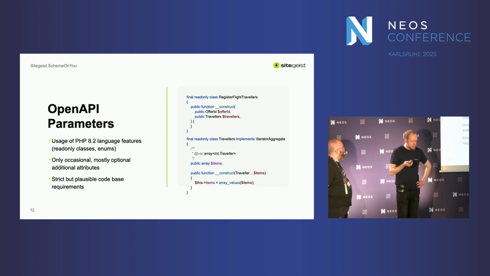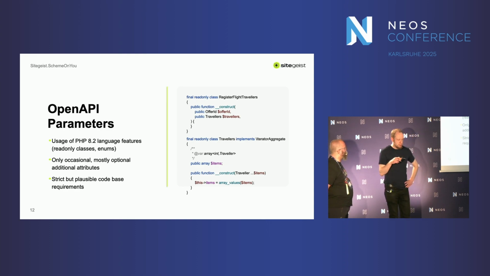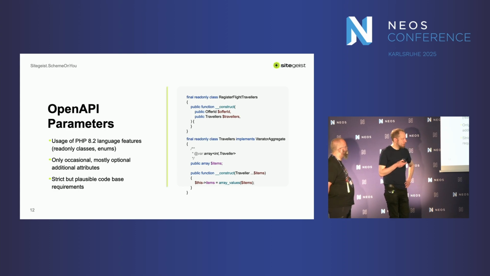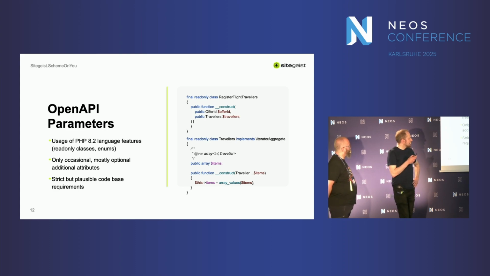We can use enums, for example, because that's why we need at least PHP 8.1, but 8.2 for the read-only classes. And OpenAPI has a specification for enums, so does PHP nowadays. So you can just use them, and they work exactly as you'd expect. You can add a few attributes, mainly for metadata.